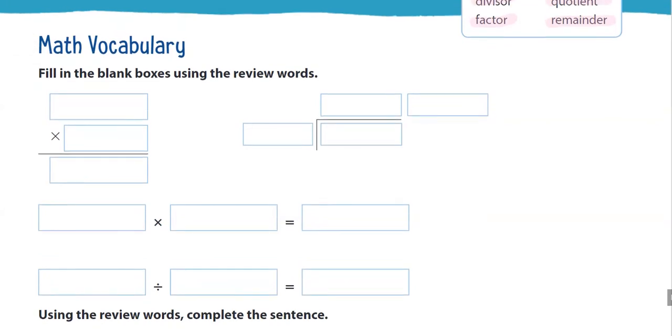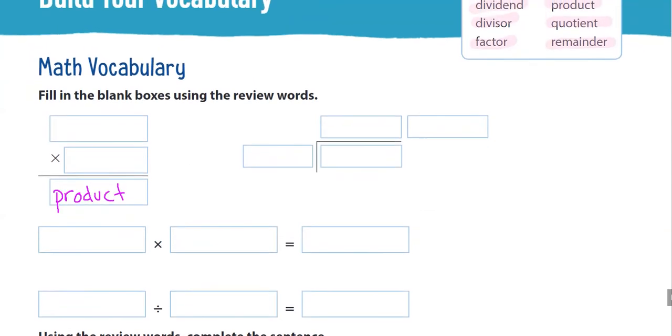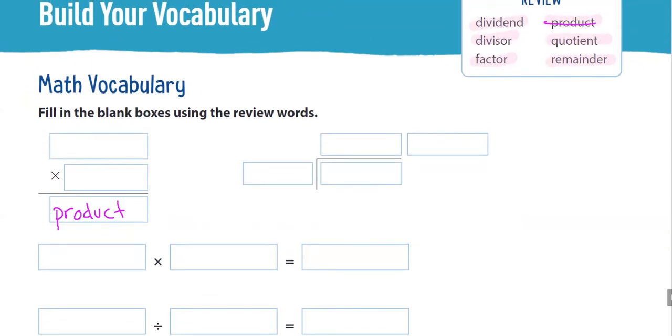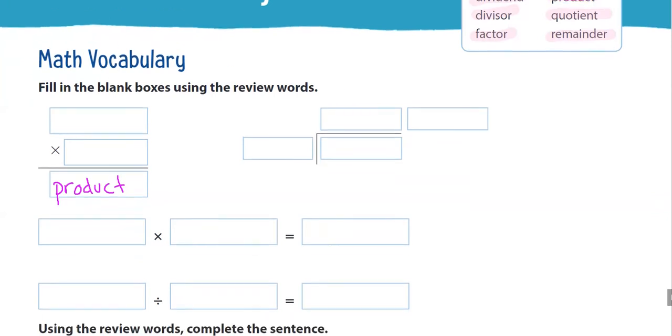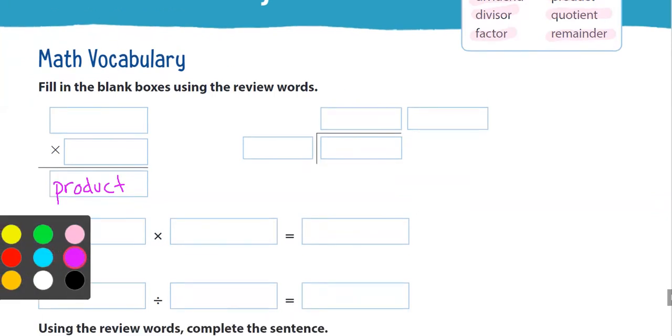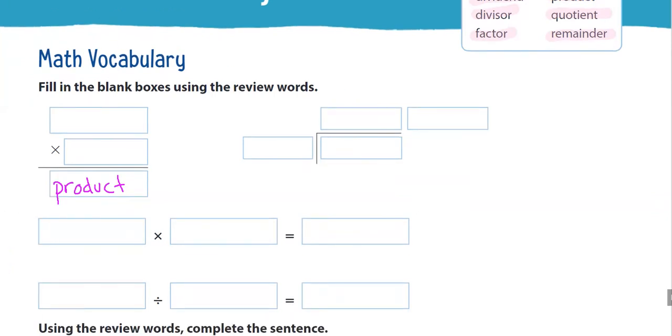First, I hope that you know that the answer to a multiplication problem is called a product. And I'm going to cross that off my list. And I hope that you know, because I use these words a lot, that the answer to a division problem is called a quotient. In fact, there is more than one place for these, aren't there?